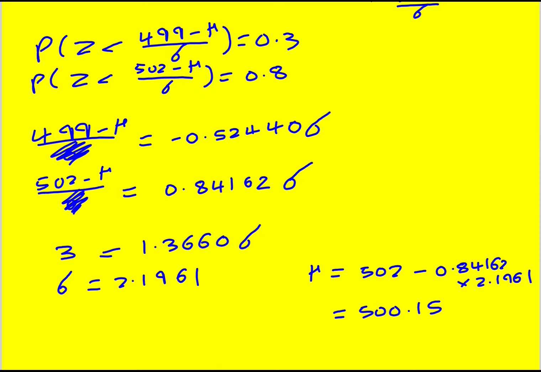Let me just, before I round it, let me just add a little bit more, 1/6. Okay, so now we round it. So therefore, mu is equal to 500.15. It did ask for 2 decimal places, and sigma is 2.20.